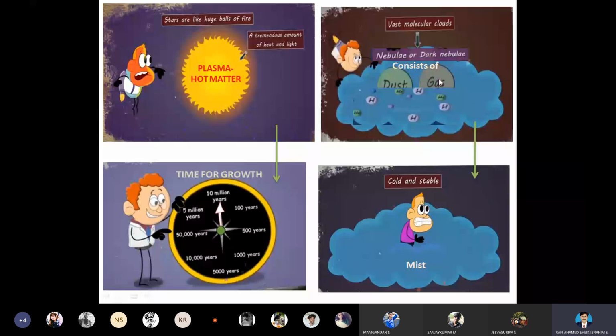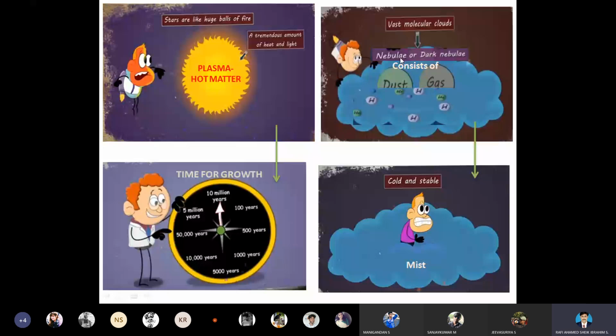The gas particles are, as we all know, helium and hydrogen. The helium and hydrogen, in addition to the dust particles, combine together in the formation of the nebula. So the nebula is the vast molecular cloud.